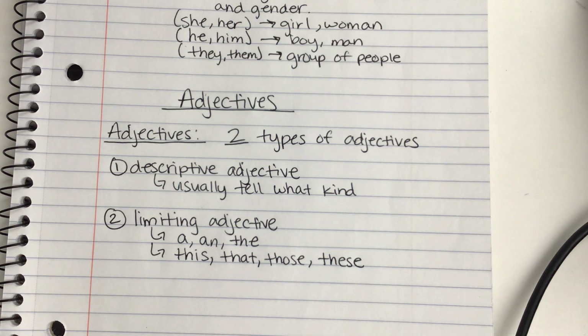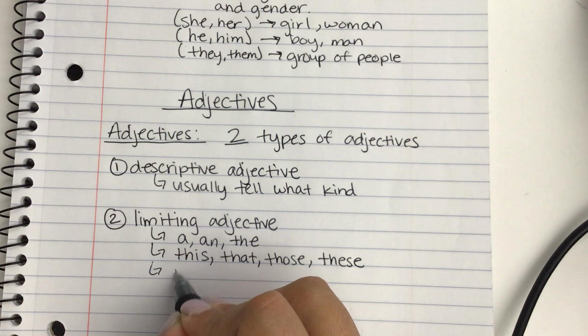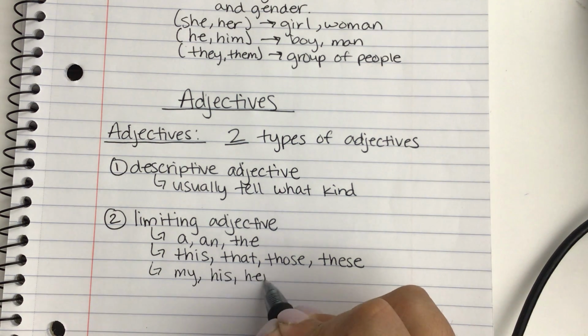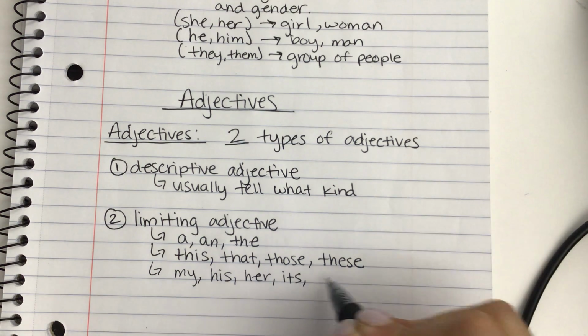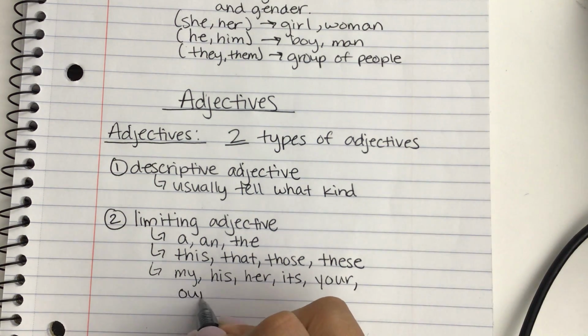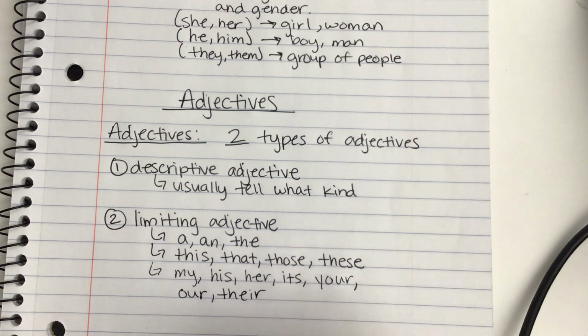And then we usually do possessive pronouns. So those are things like my, his, her, its, your, our, and their.